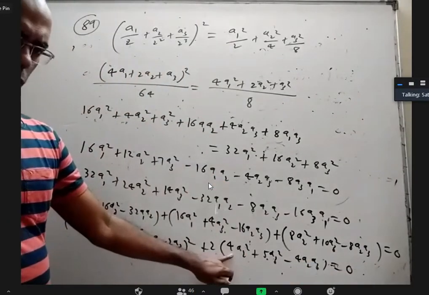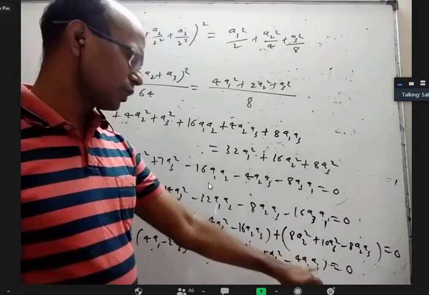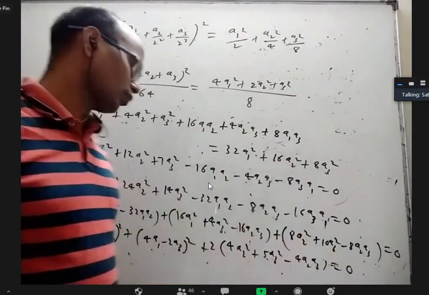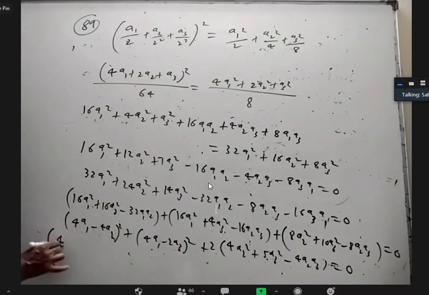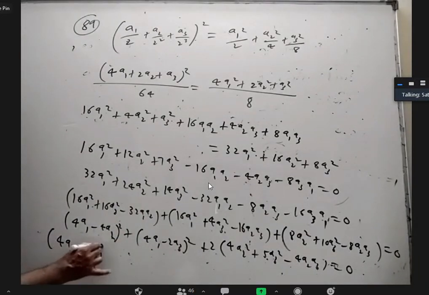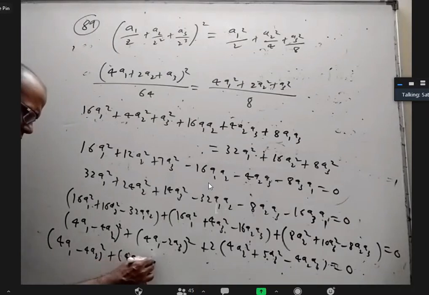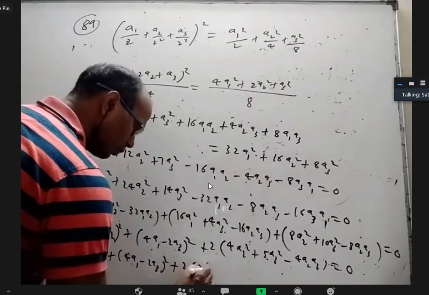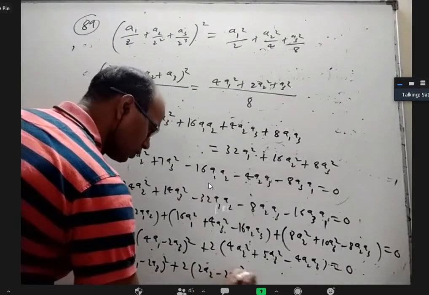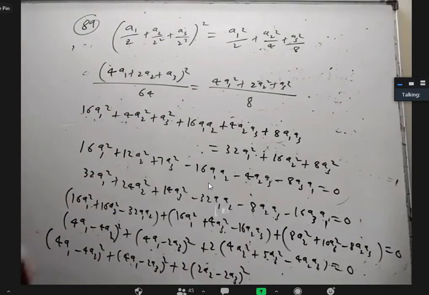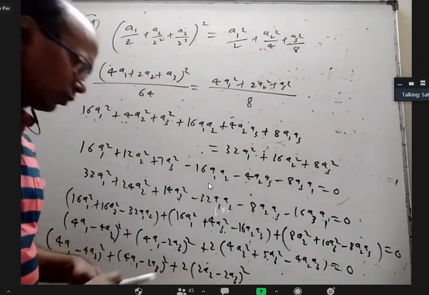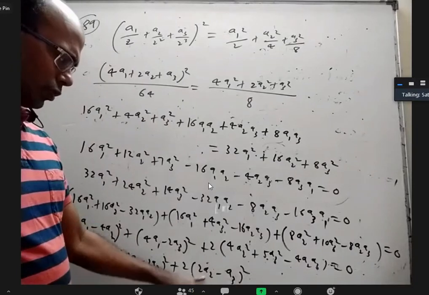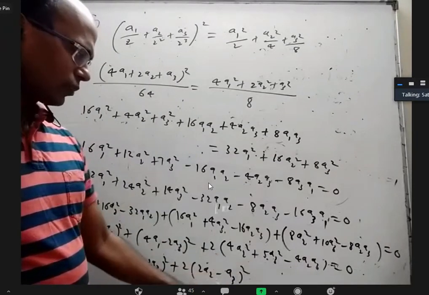I think I can write (2a2) whole square. This is 2 into 2a2 into only single a3. Yes, I can take 4a3 square outside. So I'll be getting (4a1 minus 4a2) whole square, (4a1 minus 2a3) whole square, and I'm directly writing here (2a2 minus a3) whole square, with 4a2 square, 1 a3 square minus 4a2 a3.